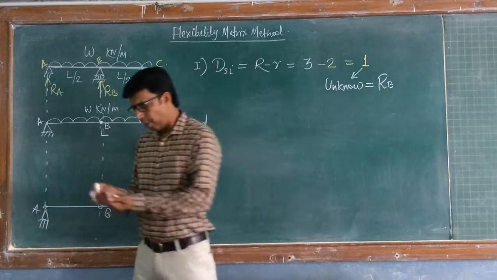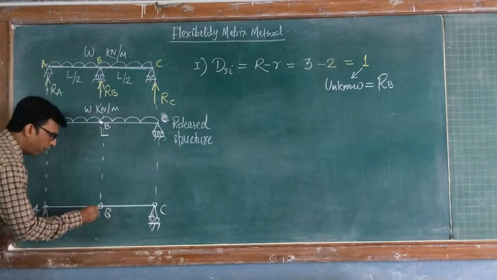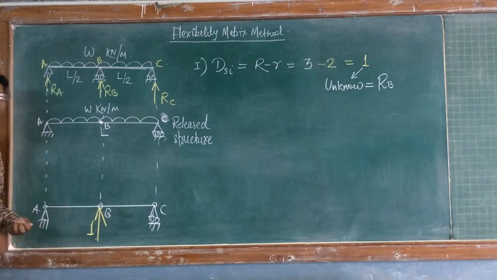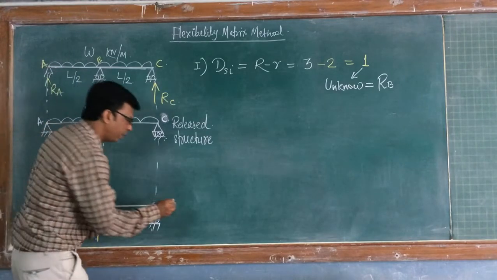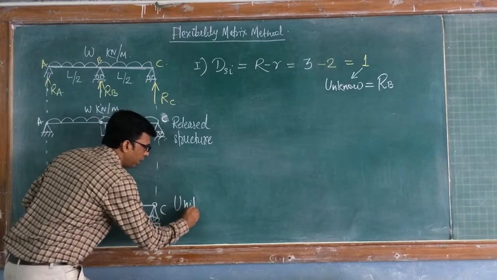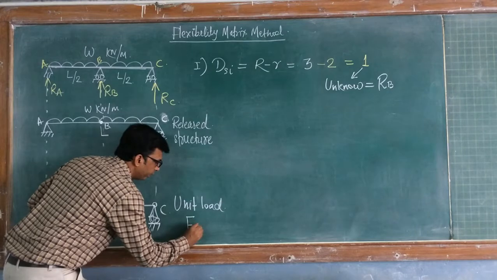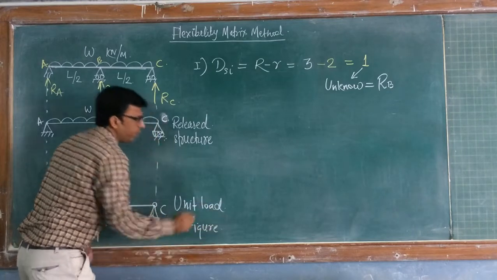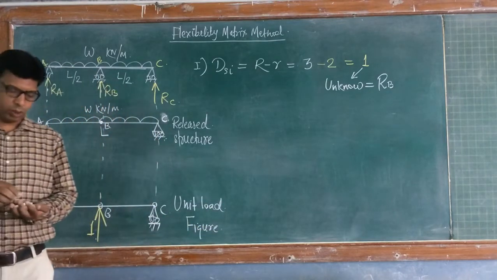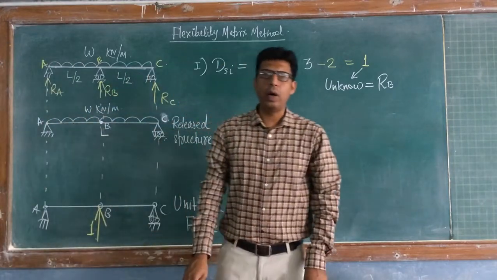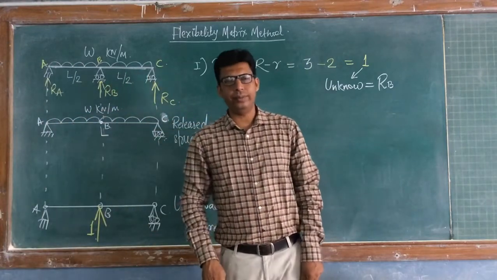Positive means vertically upward. So apply the unit load at point B in the positive direction. This is called the unit load figure. These are the first three important figures.